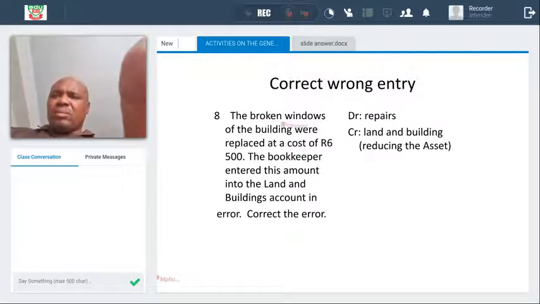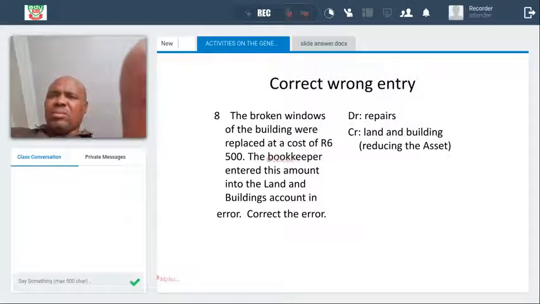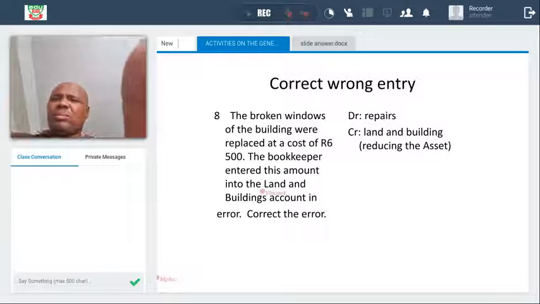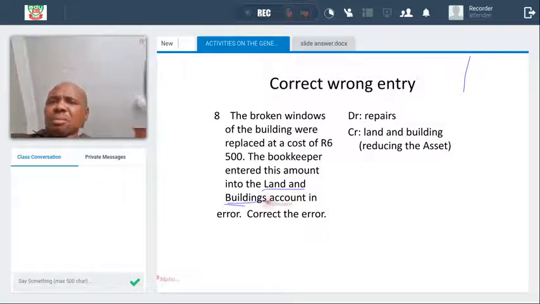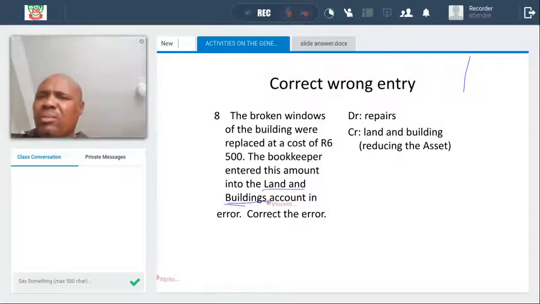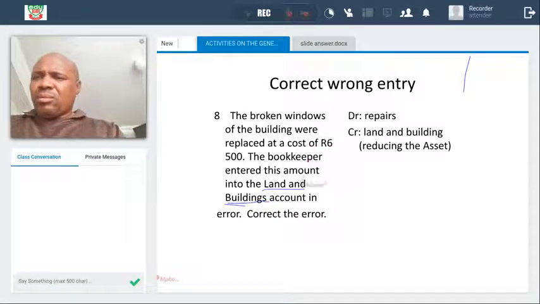The broken windows of the building were replaced at a cost of 6,500. The bookkeeper entered the amount in land and building. So remember, land and building is an asset.